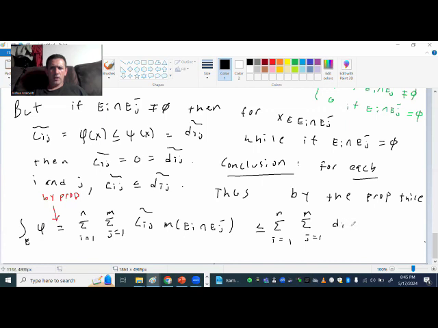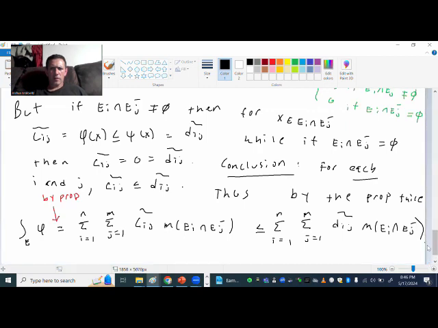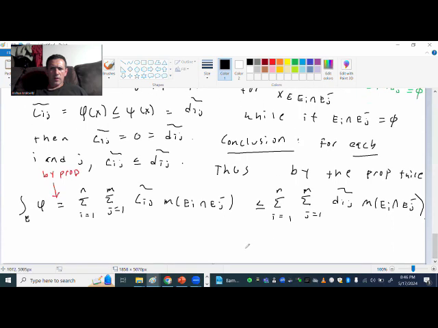And we're basically now done. So again, by the proposition, this is the integral of.